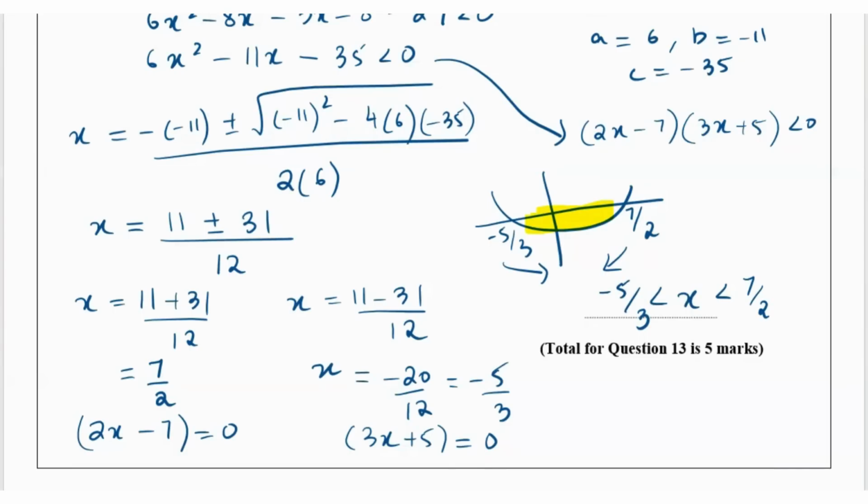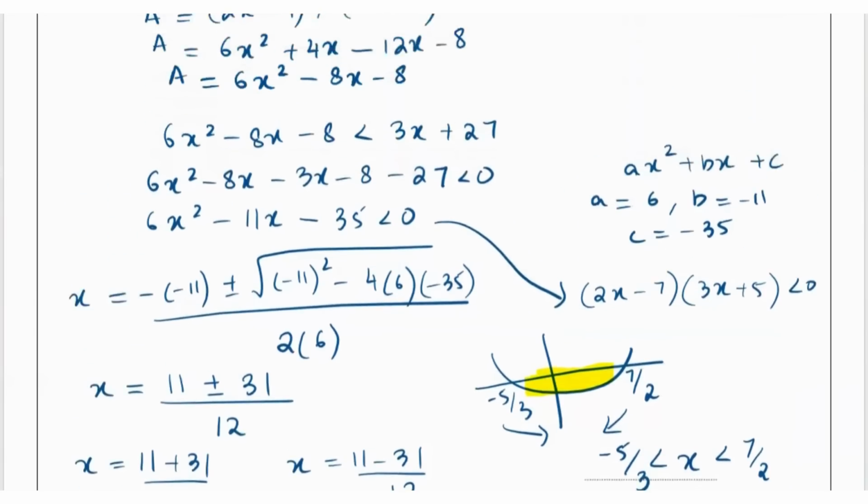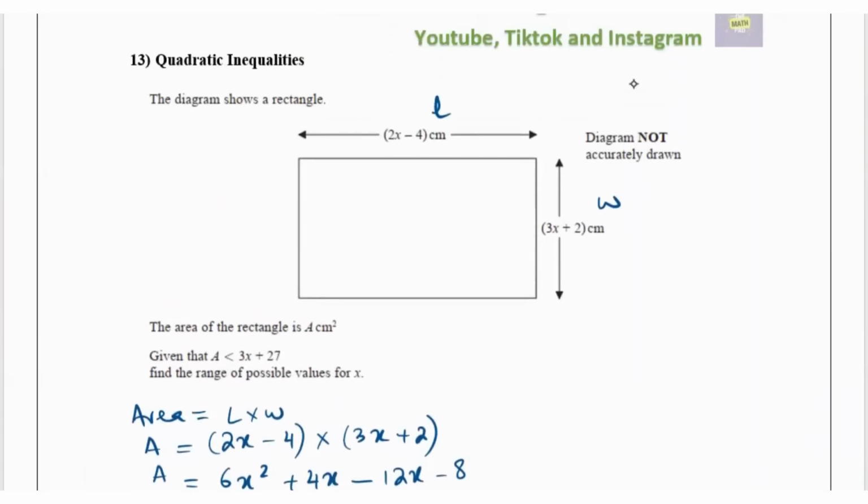But in our case, x cannot be negative, because we're talking about the length of a rectangle. So now we need to check which value would give us a value that will be less than 3x plus 27.